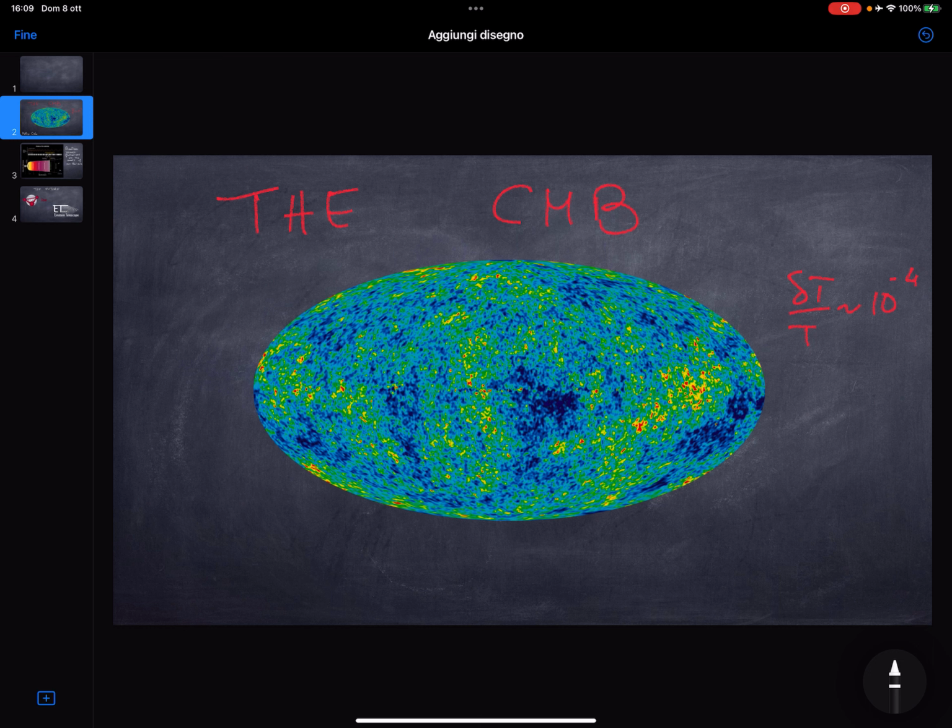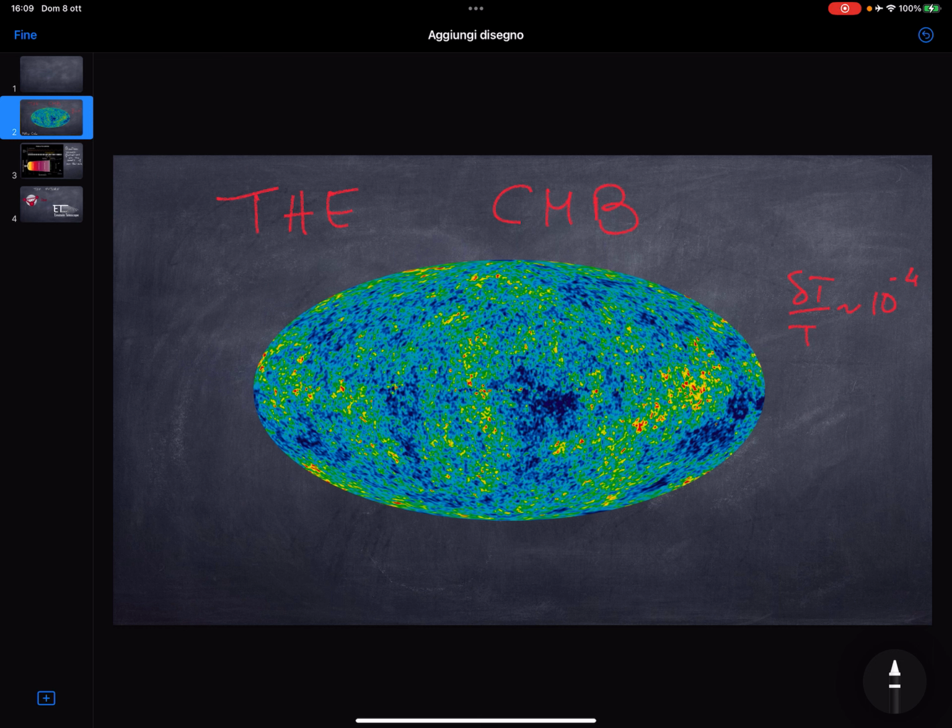These photons have been traveling through space and time for billions of years. And when we observe the CMB, it is basically like looking at a picture of how the universe was in its very early stage.